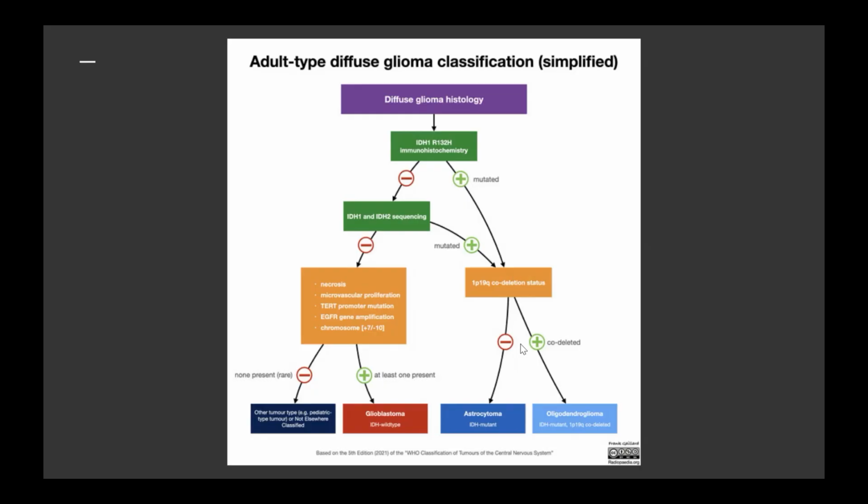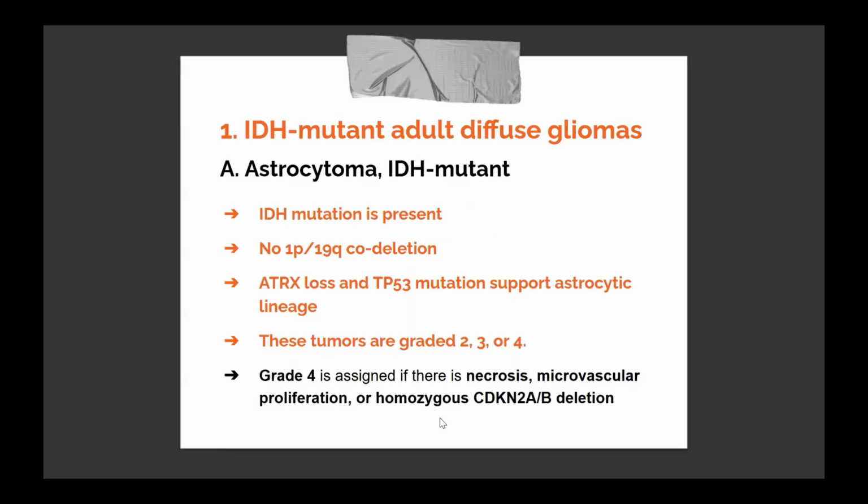Their loss is going to lead to the diagnosis of astrocytoma, IDH mutant. So, as I have just gone over, IDH mutation is present, there is no 1p19q co-deletion, and there is ATRX loss and TP53 mutation. These are the two most important mutations that support the astrocytic lineage. These tumors are then further graded into grade 2, grade 3, or grade 4.